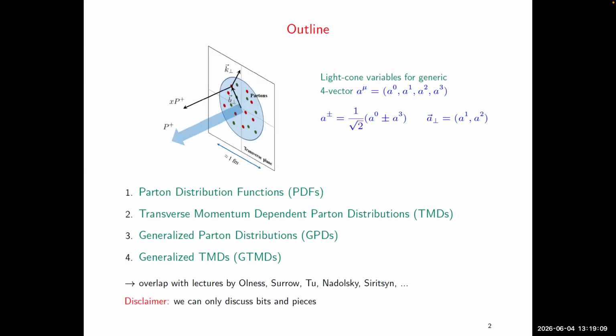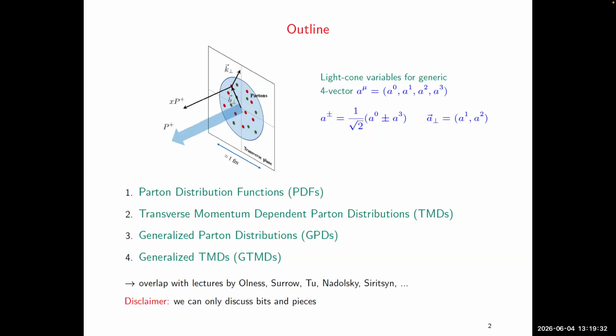That basically already defines the outline of the two lectures. We will have some discussion on parton distributions, which I think to some extent is complementary to what Pavel has been talking about earlier today. Parton distribution functions by definition contain information about x.